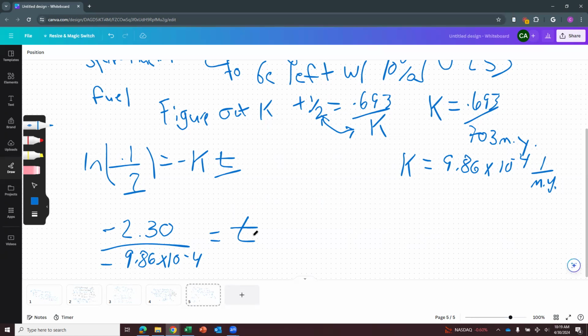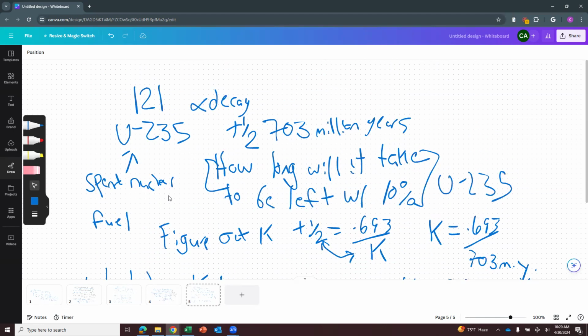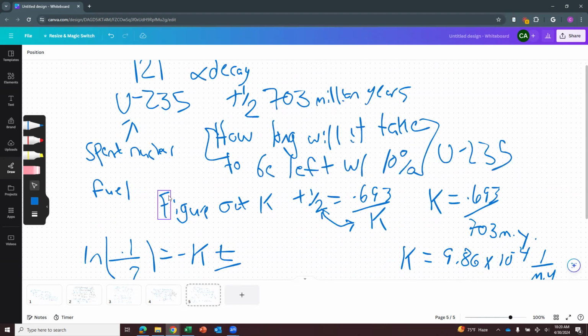And so my answer is the time it takes for this uranium to break down to 10% of what it started with is 2335 million years, or 2.3 billion years. So all the radioactive material we're making right now, the waste product will be around for at least another 2 billion years. But yeah, that is our last piece of information, how to do half-lives of radioactive decay.